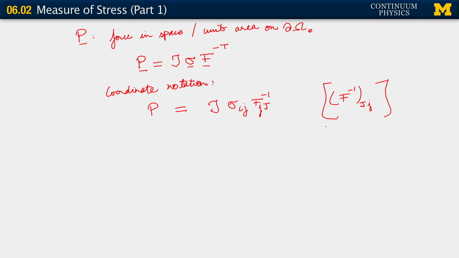So F inverse transpose has indices little j, capital J.